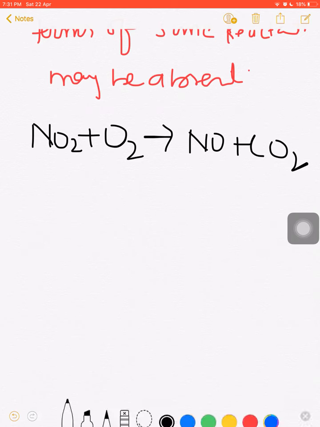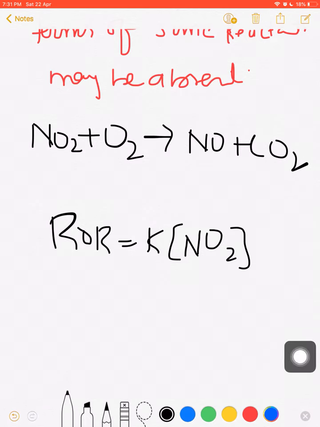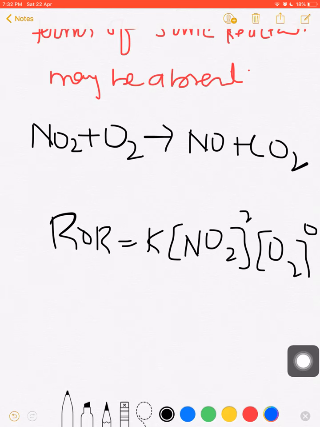If we talk about the rate of reaction, that is equal to K[NO2]^2[CO]^0. Sorry, I wrote the reaction wrong.